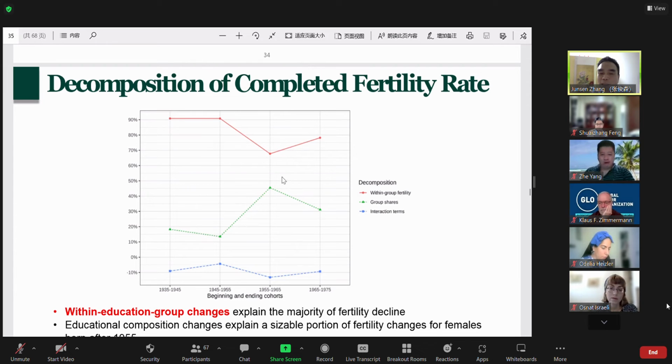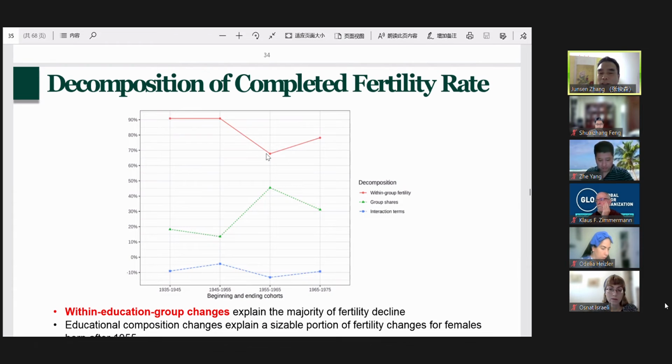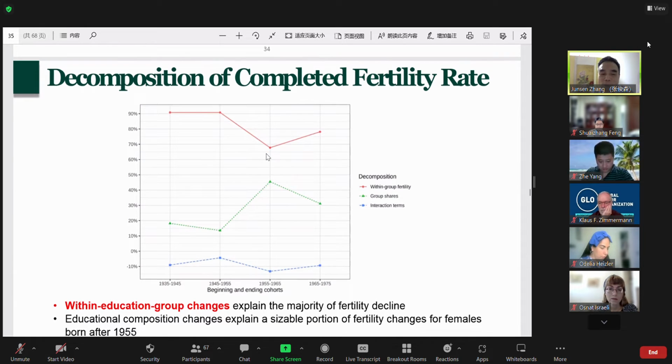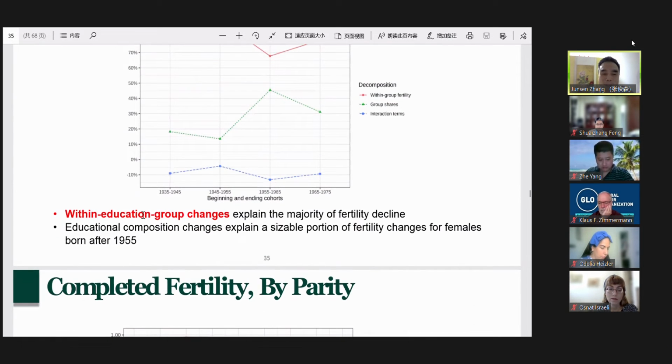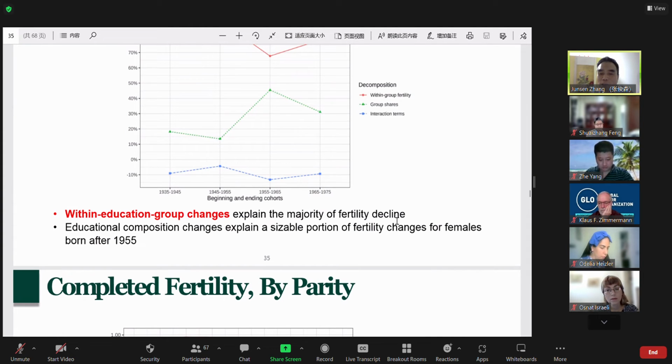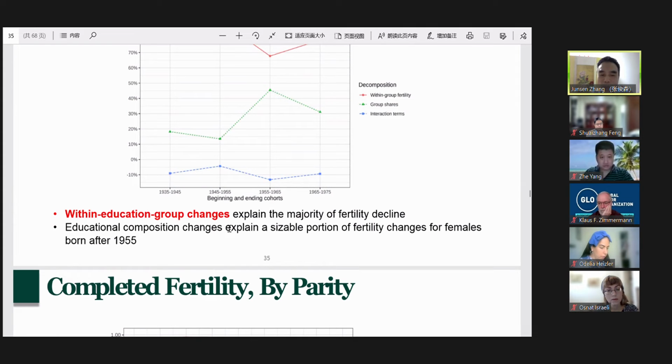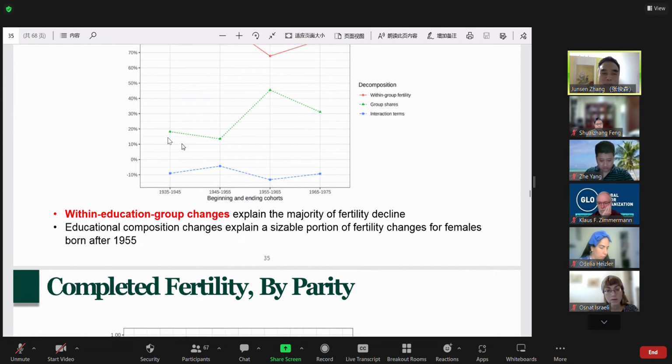So it's mainly the decline within each education level. Within-education-group change explains the majority of fertility decline. Educational composition explains a sizable 20 to 40%.